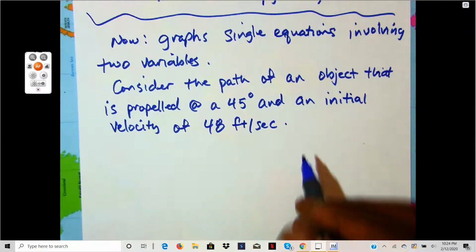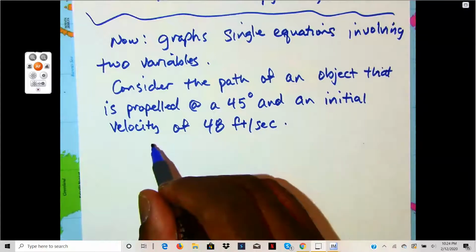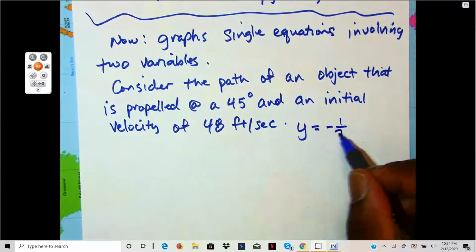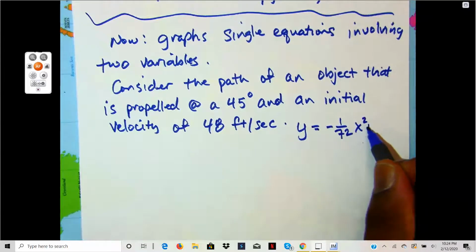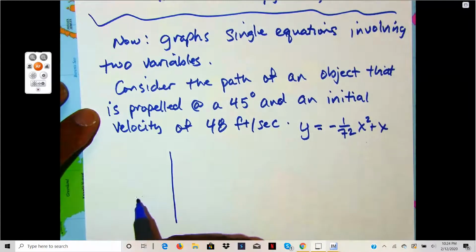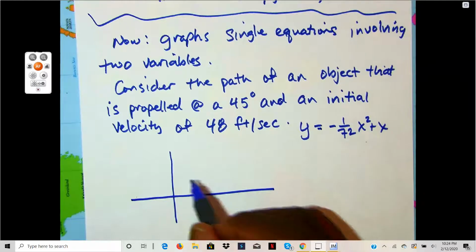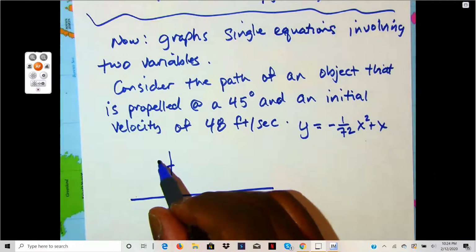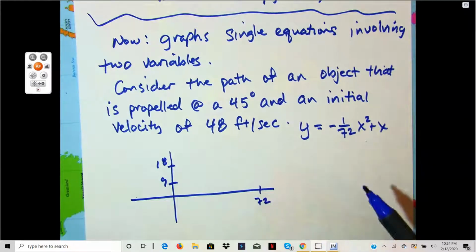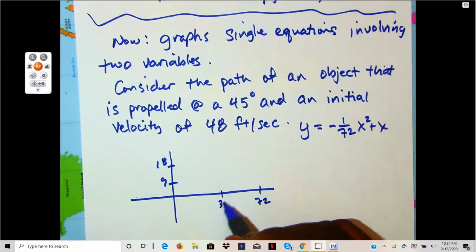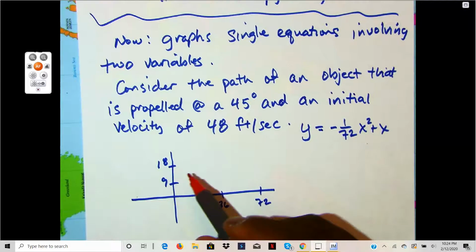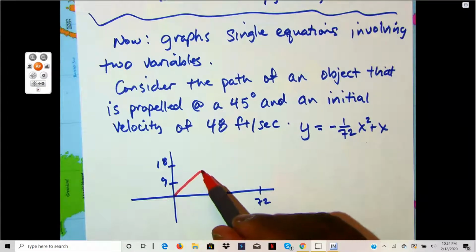Well, an equation to represent this would be y is equal to negative 1 over 72 x squared plus x. And the graph might look something like this. So at a 45-degree angle, you might see something like this.